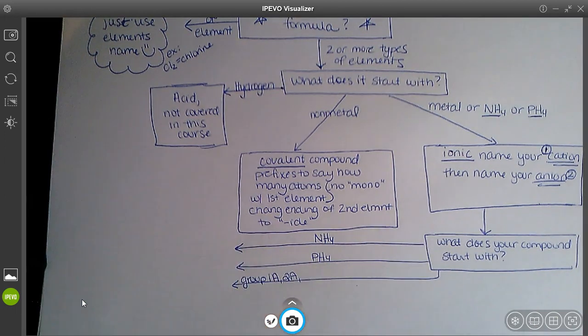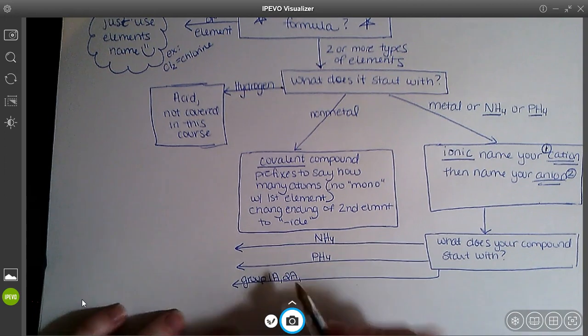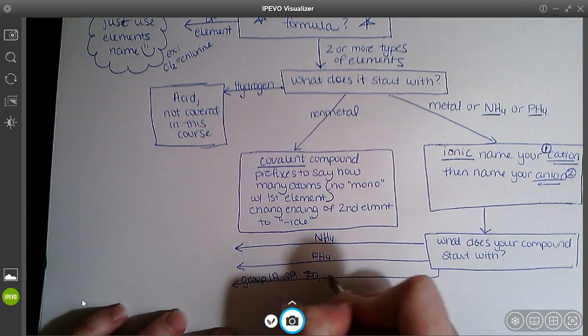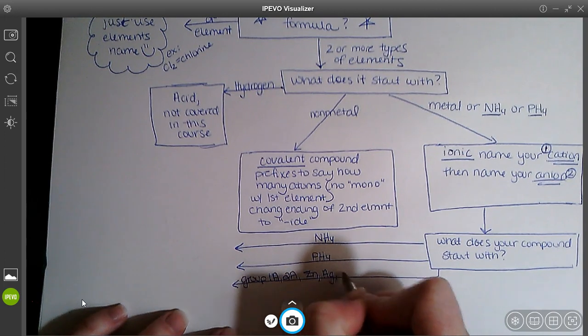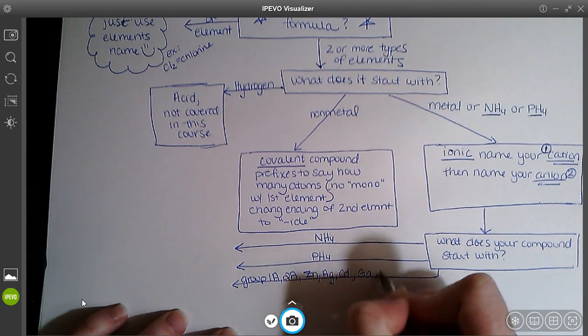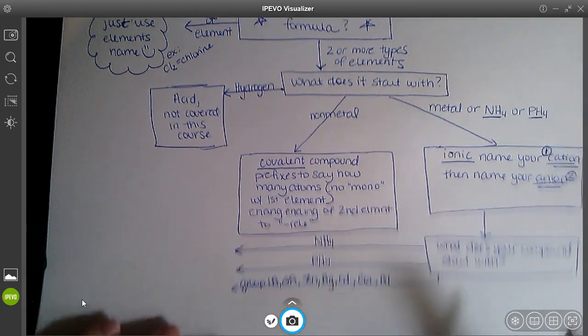So that is the first two columns on the periodic table. Or if it starts with zinc, silver, cadmium, gallium, or aluminum, you're going to follow this line.